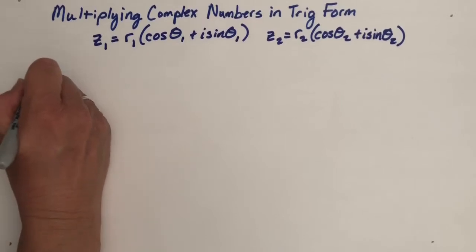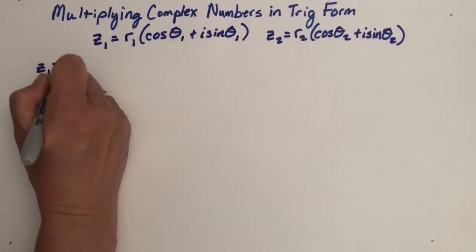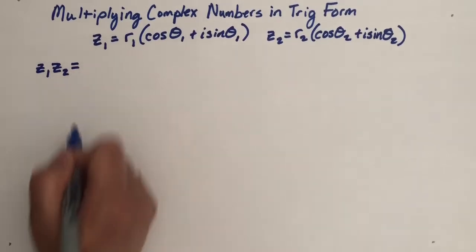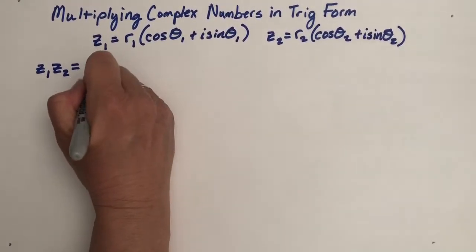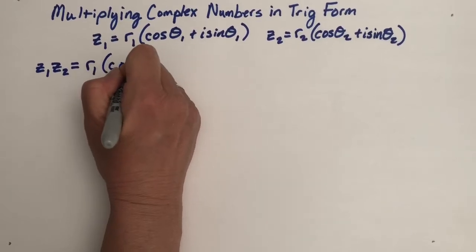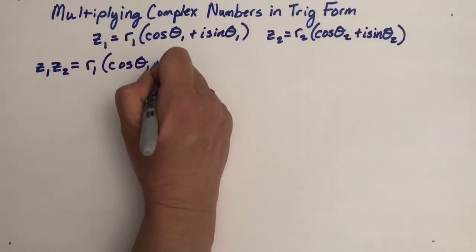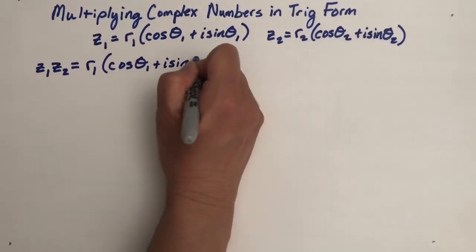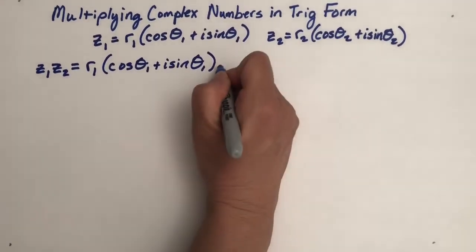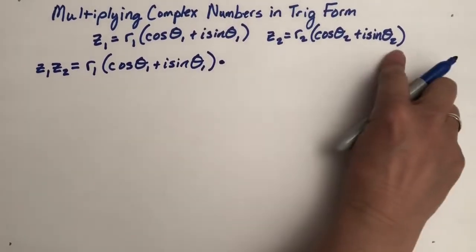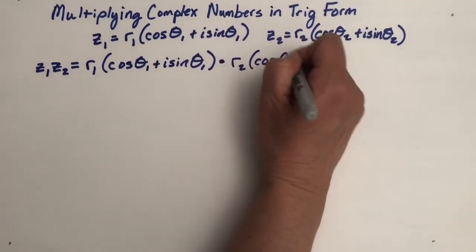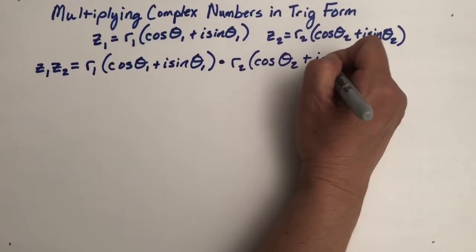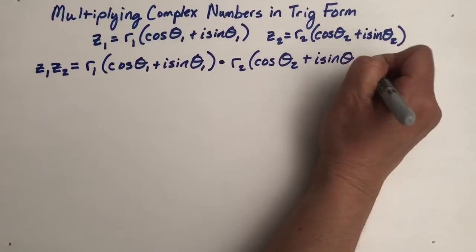So I'll have z1 times z2 equals, and let's just take the product of these two: r1 (cosine theta 1 plus i sine theta 1) times this number, which is r2 (cosine theta 2 plus i sine theta 2).